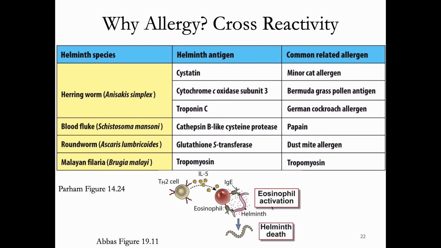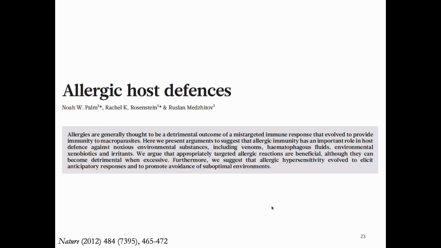And so there are others who argue that perhaps these responses first evolved in response to things like venoms or other toxins or poisons. Things like bee venom or snake venom also cross-react with some of these same types of antigens.